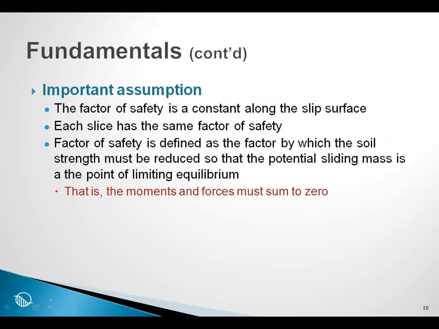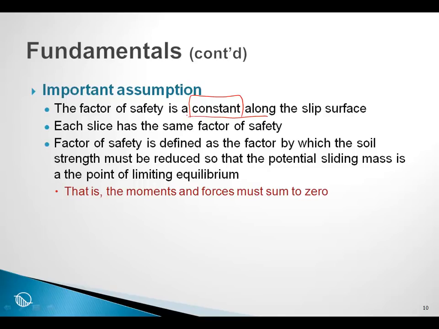Now, to render some of these equations determinate, some assumptions have to be made. Some of the important assumptions are that the factor of safety is constant along the slip surface. That is, each slice has the same factor of safety. And this comes about from the definition of the factor of safety.